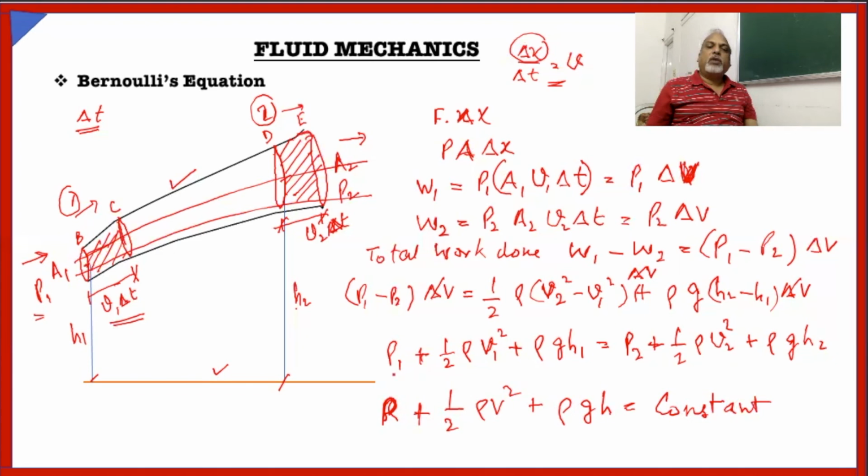Correct? From this equation, this is equal at this point, that means at all other points, the sum total of pressure plus half rho V square plus rho g h will remain constant. And this is basically Bernoulli's equation.